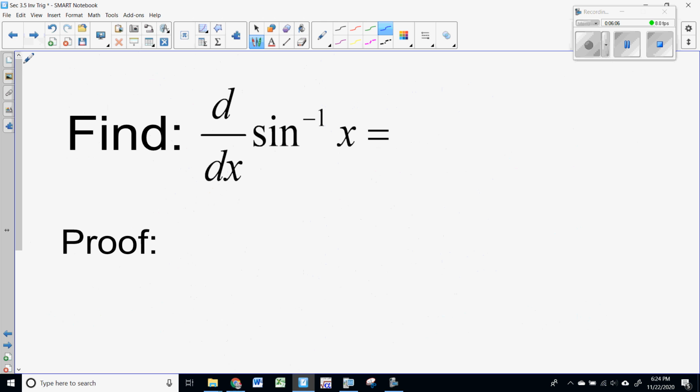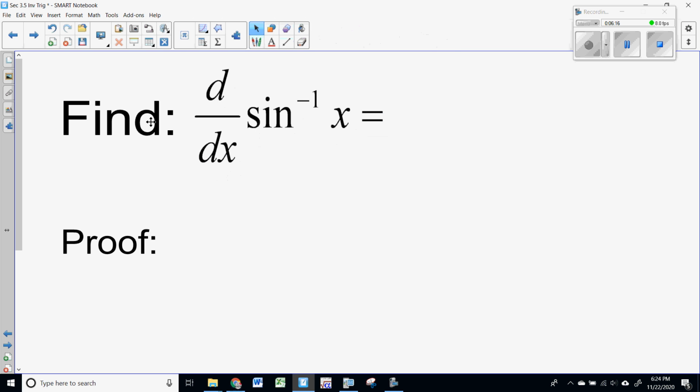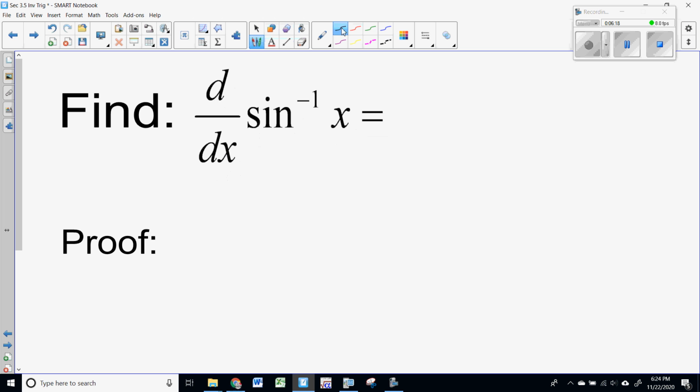Now, what if we want to take the derivative of inverse sine? How could we do that? I didn't give you a whole lot of room on your notes, so let me write this down here. The derivative of inverse sine is 1 divided by the square root of 1 minus x squared.